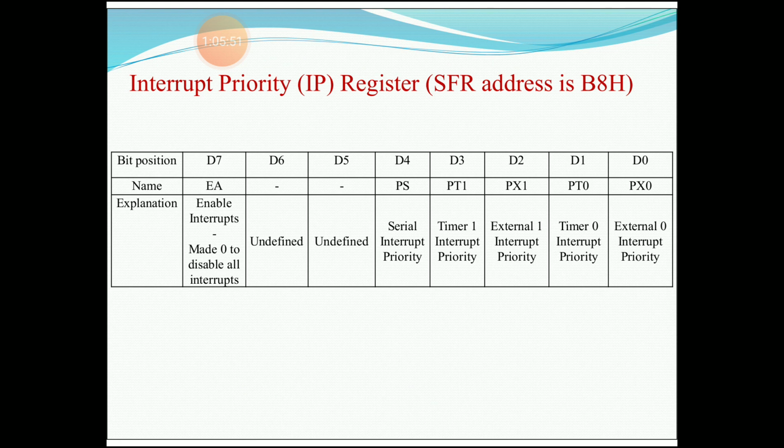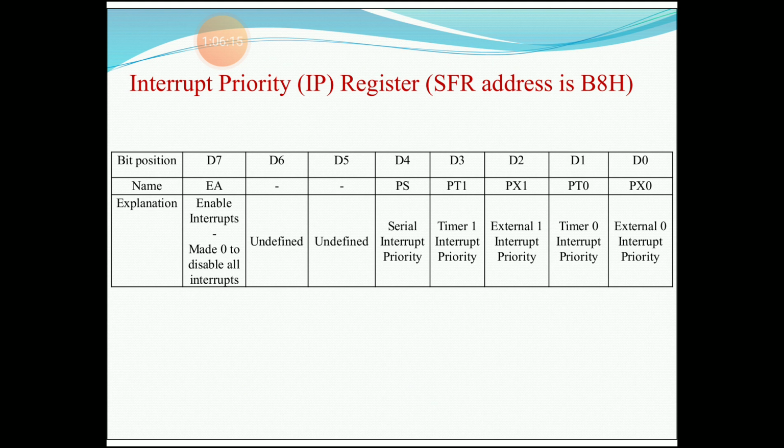D5 and D6 are not used, called undefined bits. The D4 bit belongs to the priority of the serial interrupt. If it is 1, that indicates that the serial interrupt is the highest priority. The D3 bit belongs to PT1, priority of timer 1 interrupt. The D2 bit belongs to PX1, priority of external 1 interrupt.